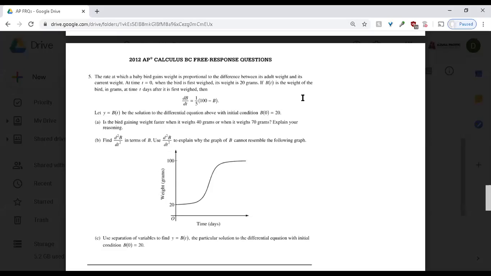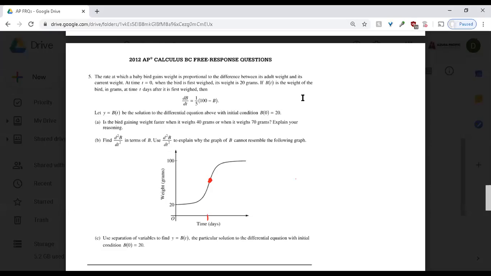You have an inflection point somewhere about right here where it changes concavity. So it looks like from 20 to 100, from here to here, it's concave up. So that means I can say the concavity is clearly changing on this graph.